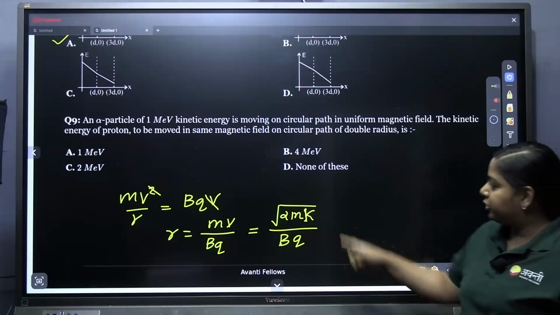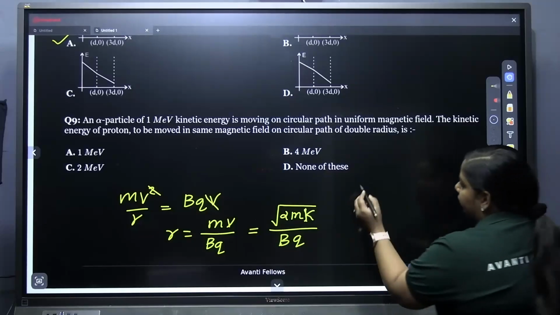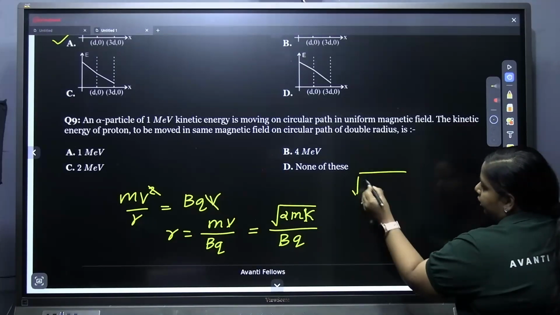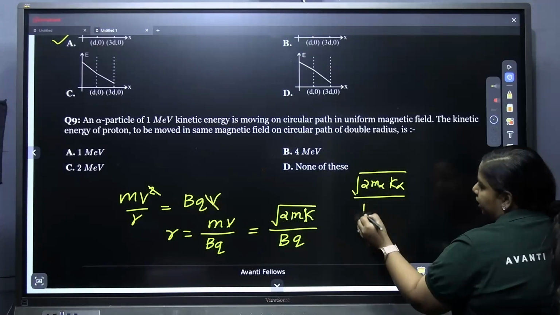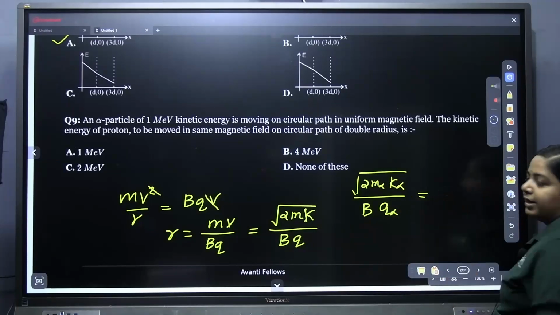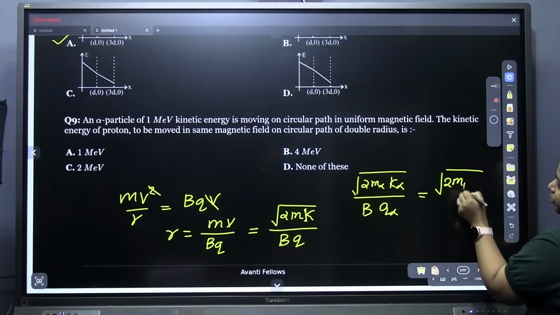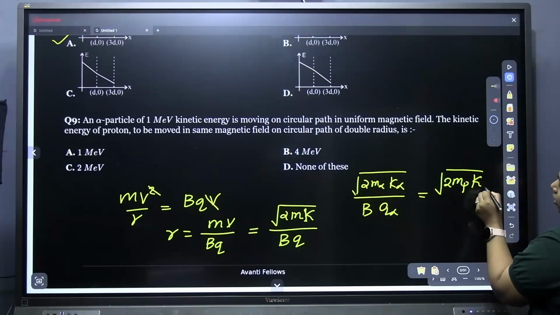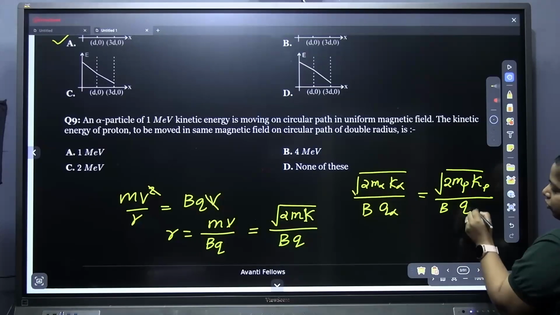Here the radius is same, right? So we have to equate root 2 m of alpha particle, kinetic energy of alpha particle divided by b into charge of alpha particle, equal to root of 2 mass of proton k of proton divided by b into q of proton.